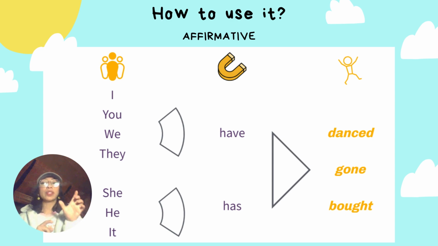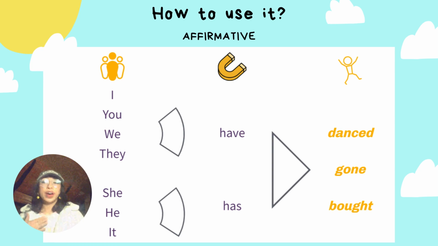After that we are going to use the verb in past participle. In this case we have danced, gone, buffed. I'm going to read the first sentence for you as an example. I have danced, you have danced, we have danced, they have gone, she has buffed, he has buffed, it has buffed. Is that clear, guys? Excellent.